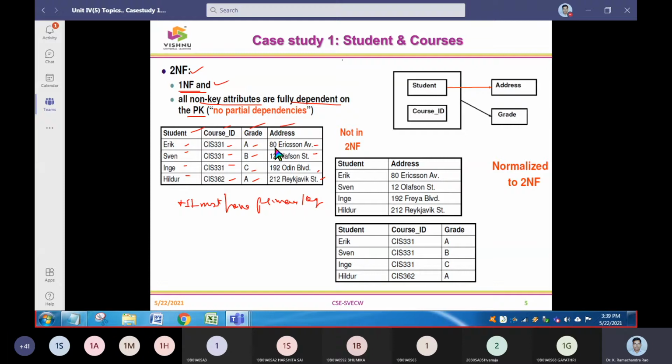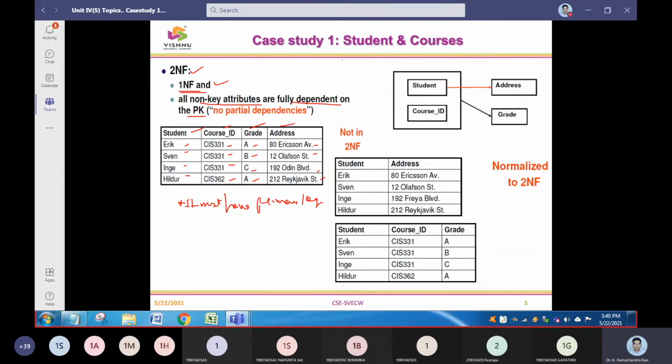Now just think in this direction. You got A grade, you got B grade, we got O grade, and your house address is there. Is there any relationship between grade and address? Nothing, right? O grade girl lives in Guntur, B grade girl lives in Vijayawada, C grade girl lives in some city. Is there any meaning? There is no meaning.